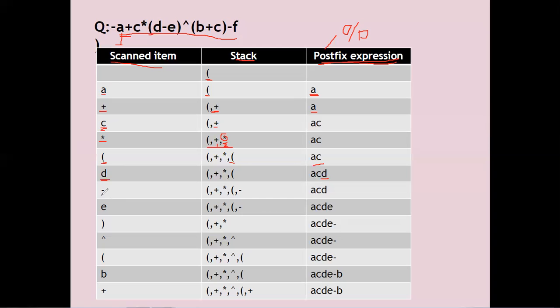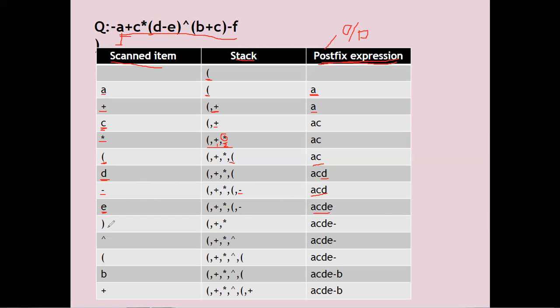Now the next is the minus operator. Again the minus operator is pushed into the stack, output string as it is. Now the next is e, again an operand, so it is directly displayed on the output string. So our output string is ACDE.